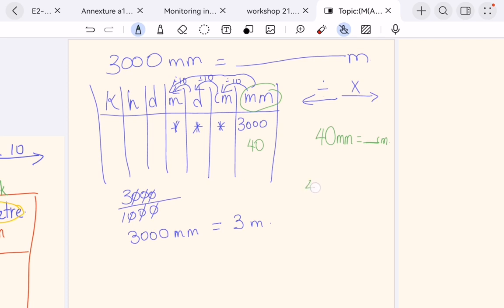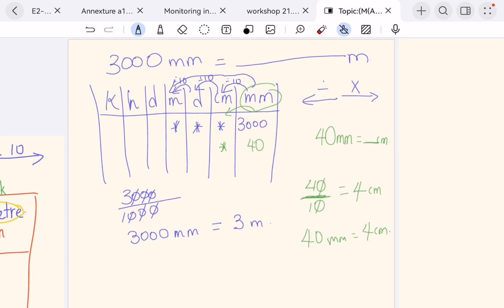From millimeters to centimeters, I'm just moving one column, so I divide by 10. 40 divided by 10 becomes 4 centimeters. So we have just established that 40 millimeters is equal to 4 centimeters.